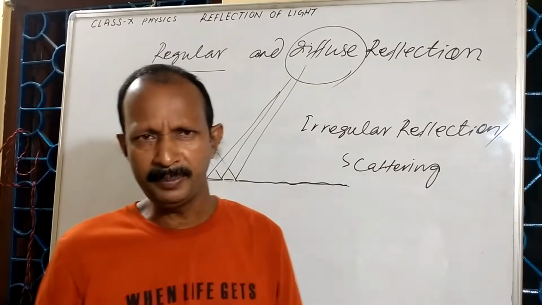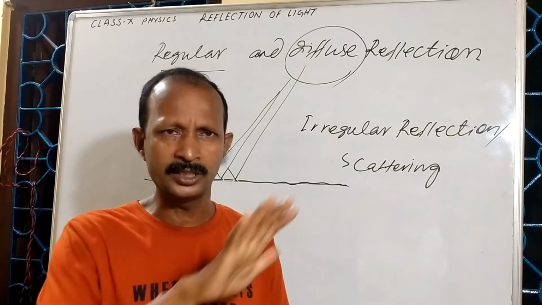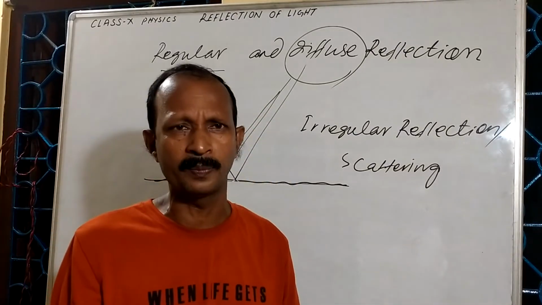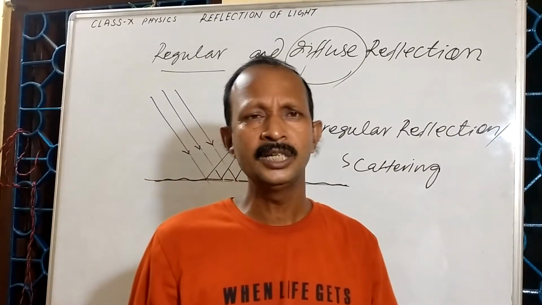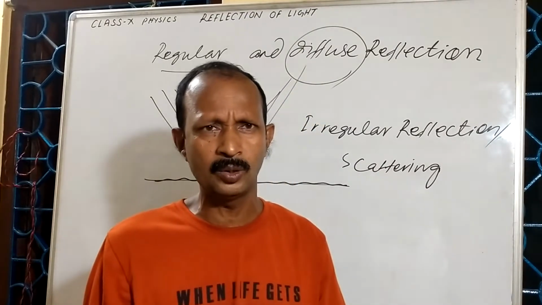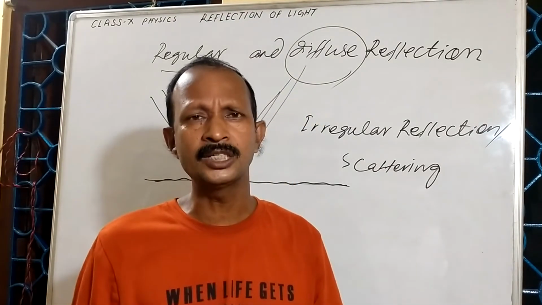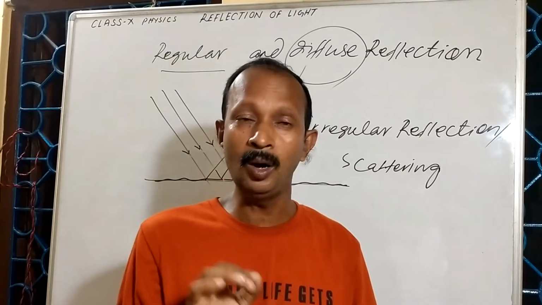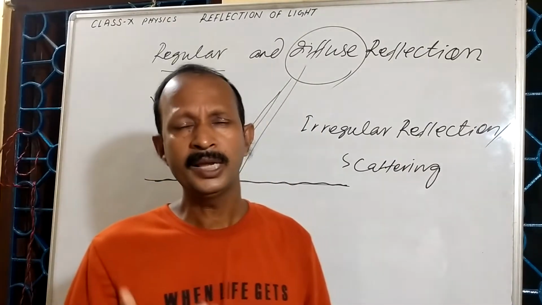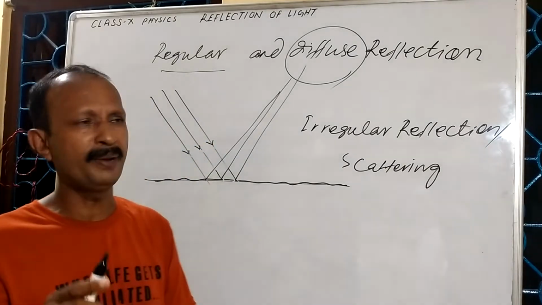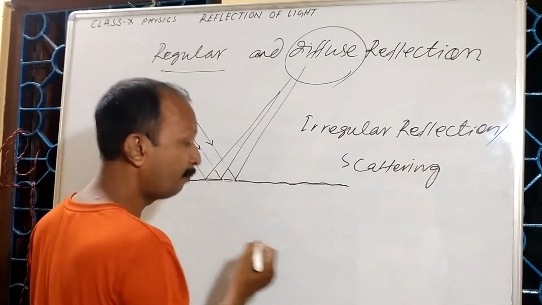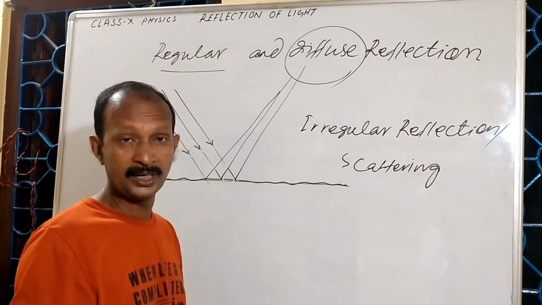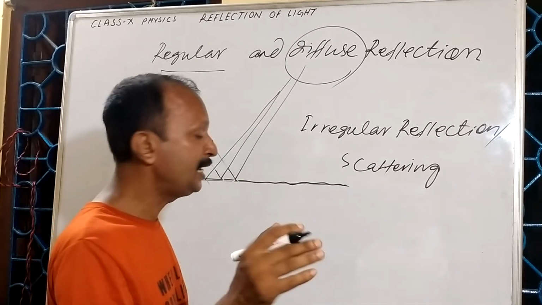It may be a plane mirror, or you can say a steel plate which has a very smooth surface. We can see our image. Even your mobile screen, when it is off, we can see the image because the surface is smooth. So regular reflection is able to make the image. But irregular reflection does not make any image.